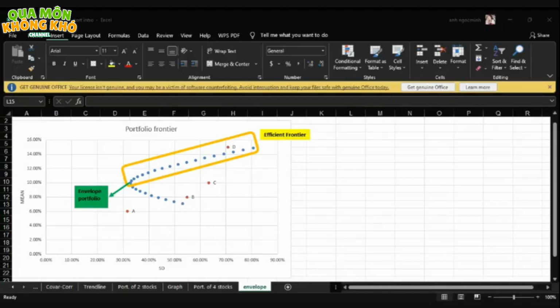I know that, but I just told you that if I invest all money into stock A, I don't invest in B, C, D. Stock A has a 100% proportion, so my portfolio is just the A dot in the graph, and it's outside the envelope. So why does that happen in this case?